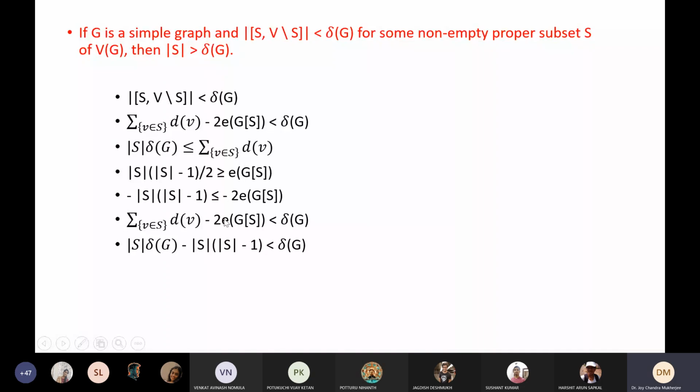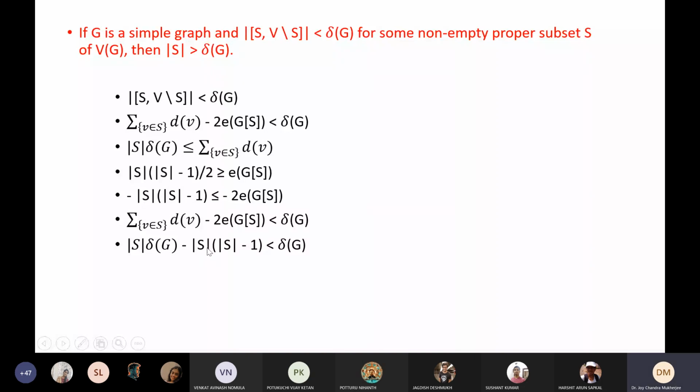Now, instead of this, I can write S into delta G, and instead of this minus 2 E(G[S]), we can write minus S into S minus 1.